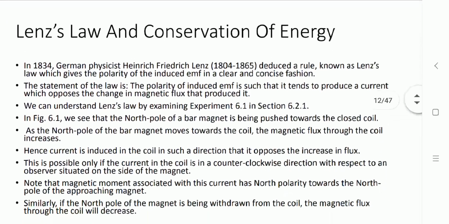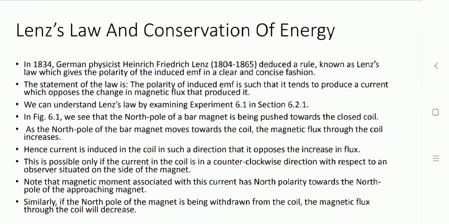Now the next topic is Lenz law and conservation of energy. Here the statement of the law is that polarity of induced EMF is such that it tends to produce a current which opposes the change in magnetic flux that produced it.